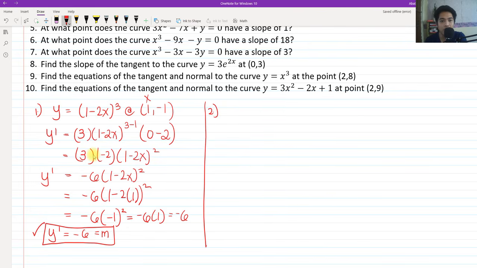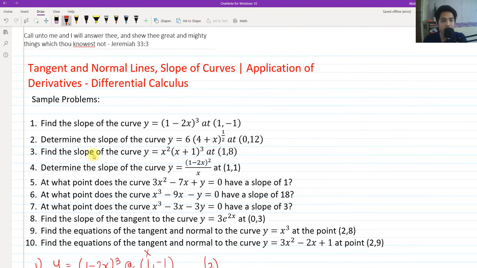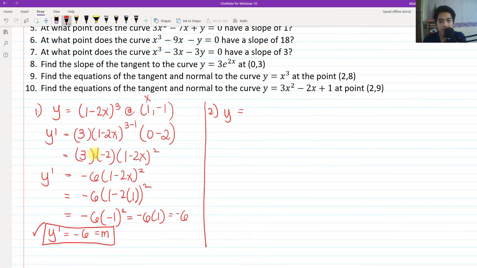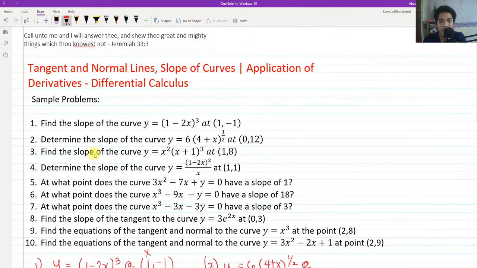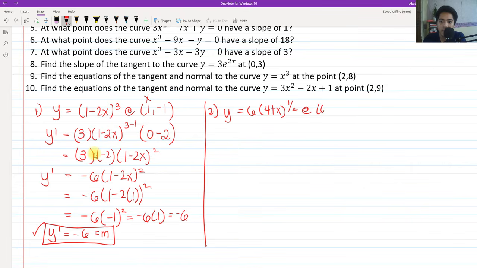How about for number 2? For number 2, determine the slope of the curve y equals 6 (4 plus x) raised to 1/2 at the point (0, 12). So what we are going to do again is to differentiate.